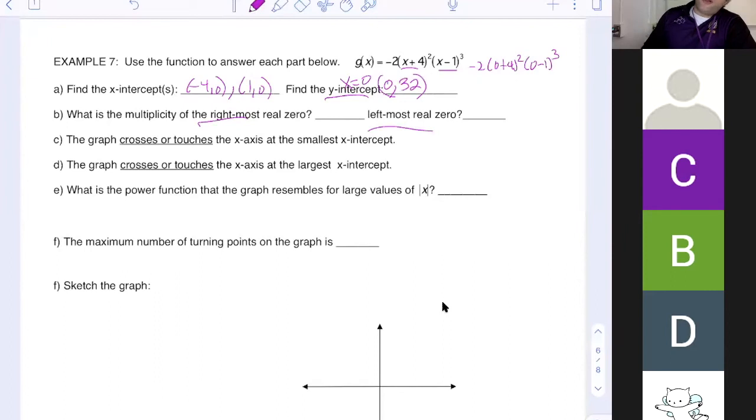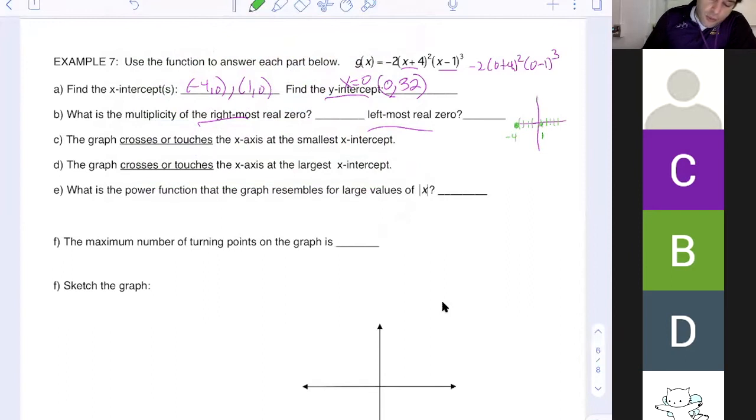This language could be a little confusing. So something that I think helps is if you just sketch an XY plane here, and you put the points on there. I know that (-4, 0) is one of the points, and (1, 0) is the other point.